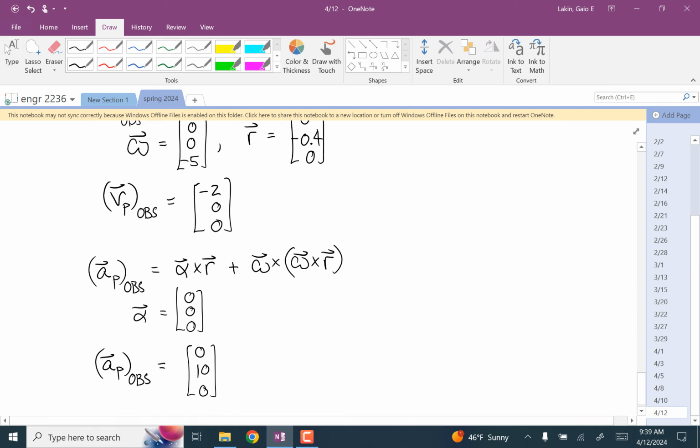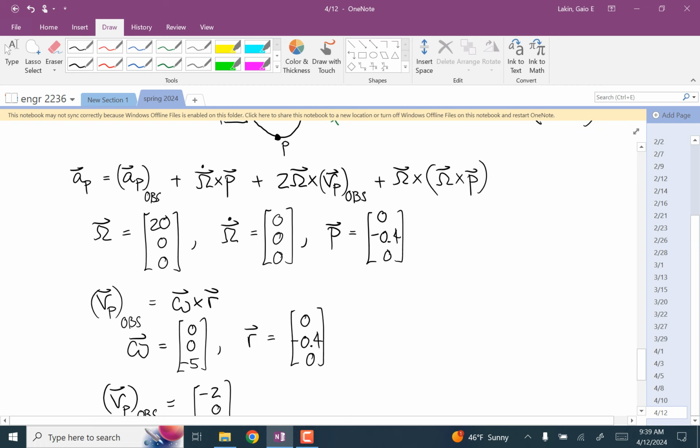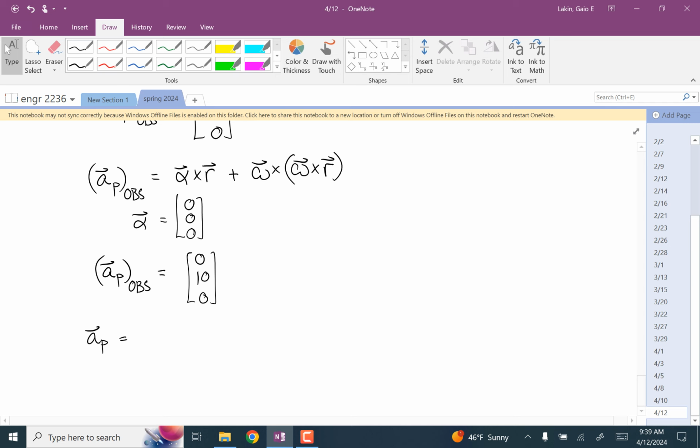So the acceleration of P is equal to 0, 10, 0. Plus capital omega dot cross P, that's 0 because omega dot is 0.